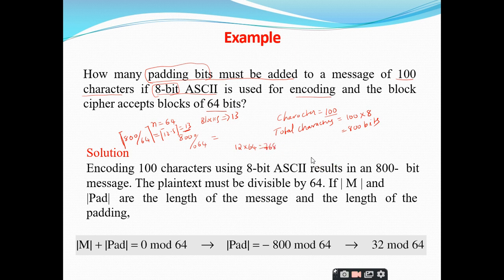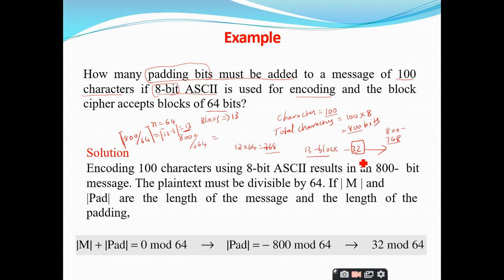So 768 bits have been grouped into 12 blocks. What is the last block? The 13th block consists of 800 minus 768 bits. So what is 800 minus 768? It is 32. So 32 bits are there for the actual data.